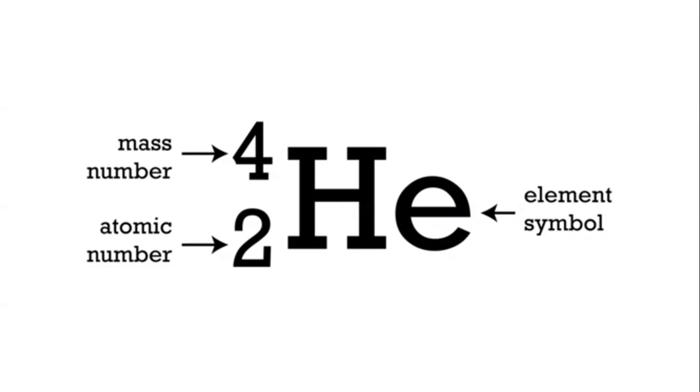This number is very important because it is unique for atoms of a given element. All atoms of an element have the same number of protons, and every element has a different number of protons in its atoms. For example, all helium atoms have 2 protons, and no other elements have atoms with 2 protons. In the case of helium, the atomic number is 2.